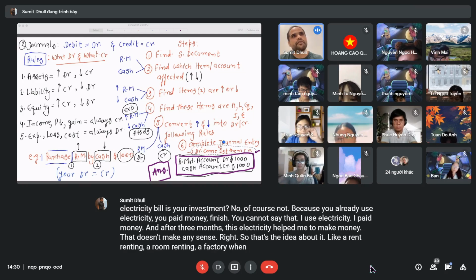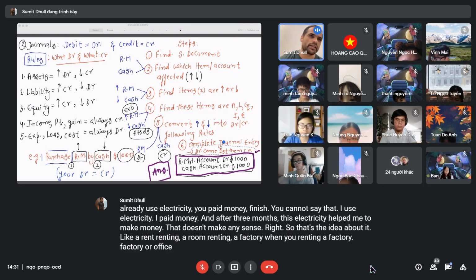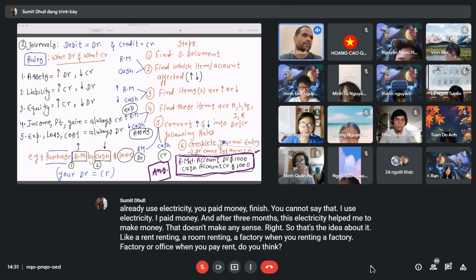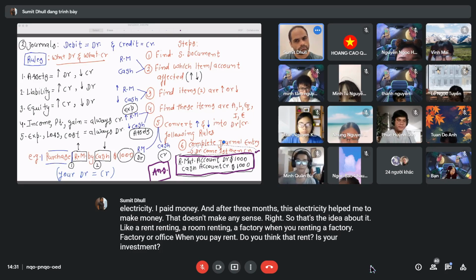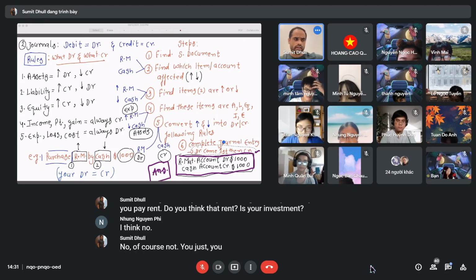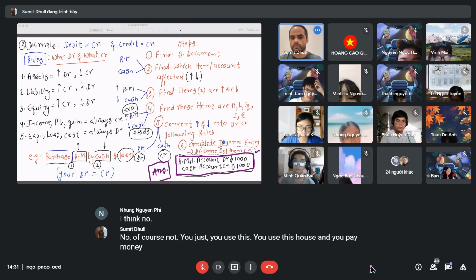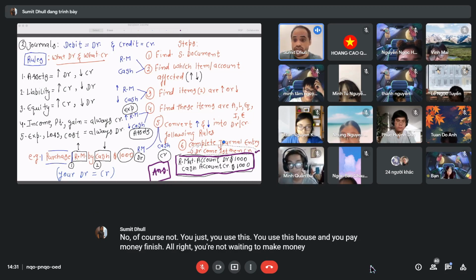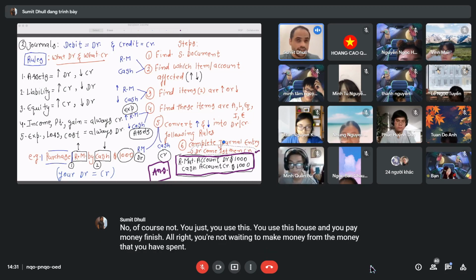When you're renting a factory or office, when you pay rent, do you think that rent is your investment? I think no. Of course not. You use this house and you pay money, finish. You're not waiting to make money from the money that you have spent. You paid the rent. Are you waiting to make money by paying a rent?